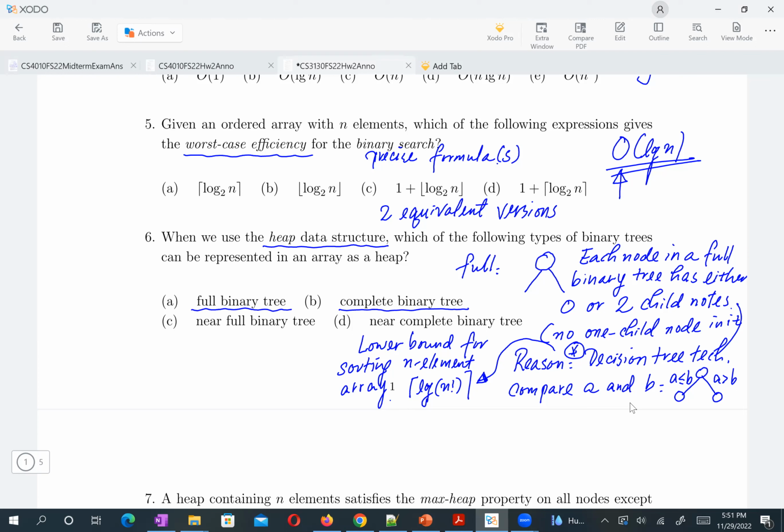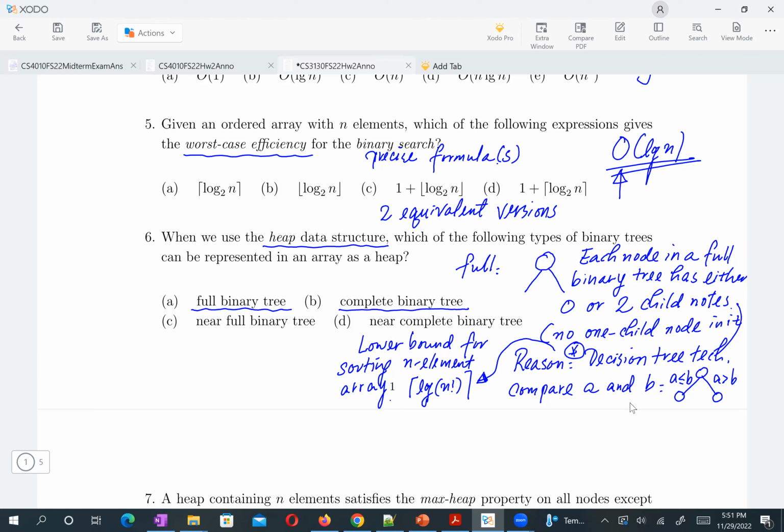Otherwise, very hard. Otherwise, how can you find this lower bound? Not easy. So now, after you have this background, you can understand there is some big reason people introduce this concept for binary tree.